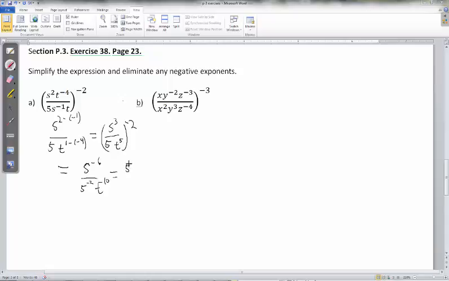So I have 5 to the 2, t to the 10th, and s to the 6th. And the last step would just be to simplify that 5 squared. 5 to the 2 is 25. So 25 t to the 10th over s to the 6th.